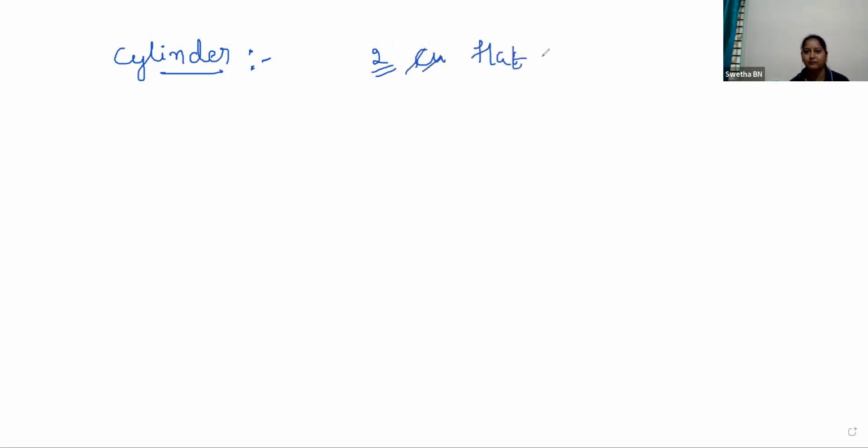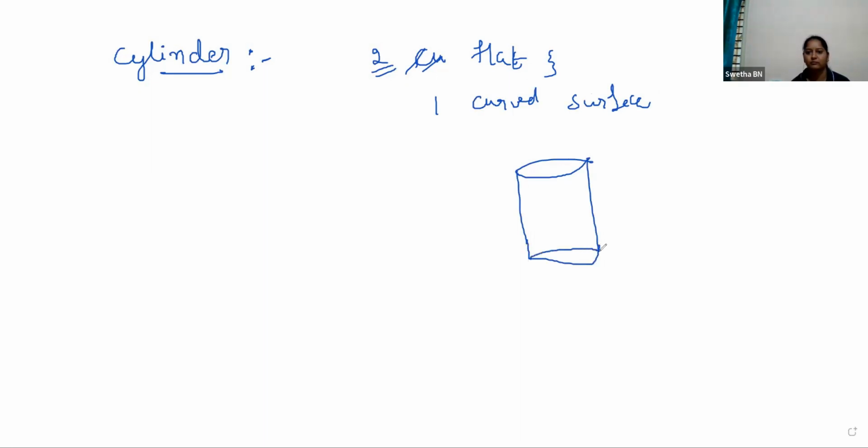flat and 1 curved surface. See, this is a flat surface, this is a circle, and this is also a circle.